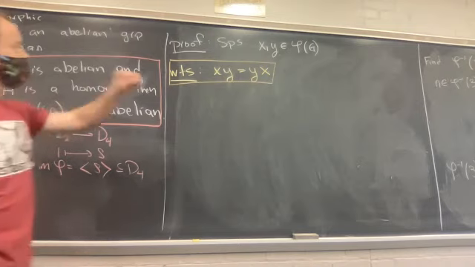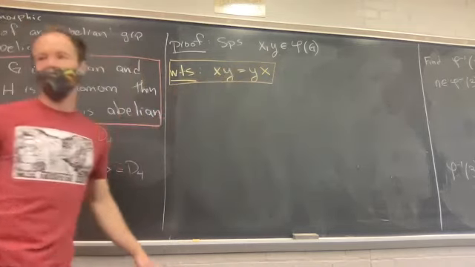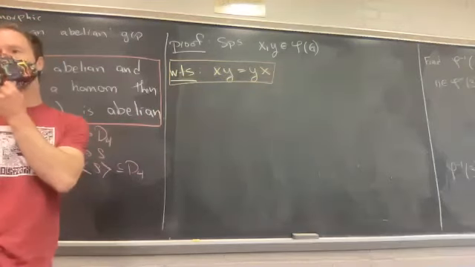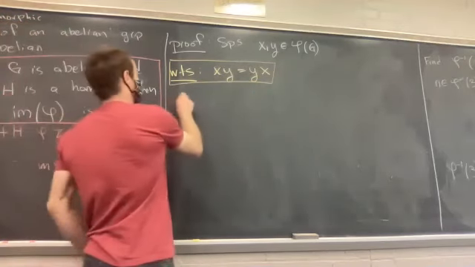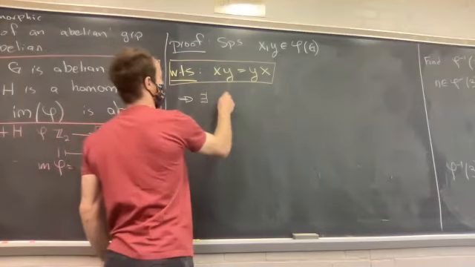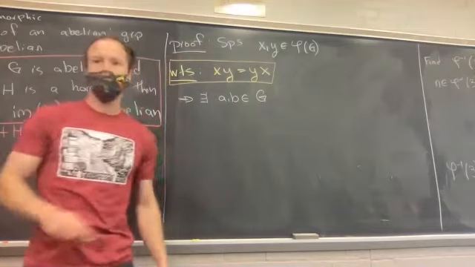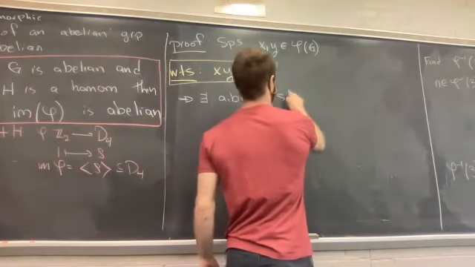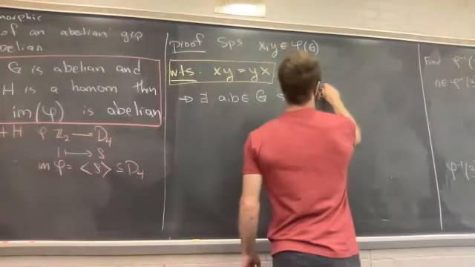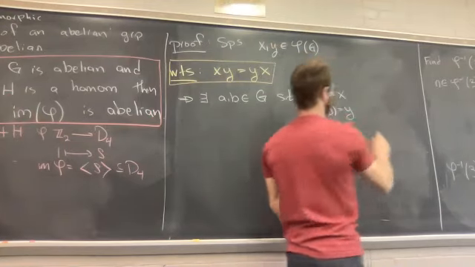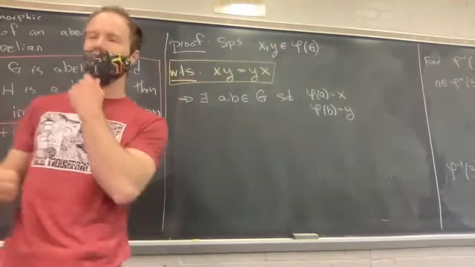All right. So now let's unravel what it means to be in phi of G. That's the first step, to unravel our hypothesis. So that means there exist two elements A and B in G such that phi of A equals X and phi of B equals Y. That's exactly what it means to be in the image.